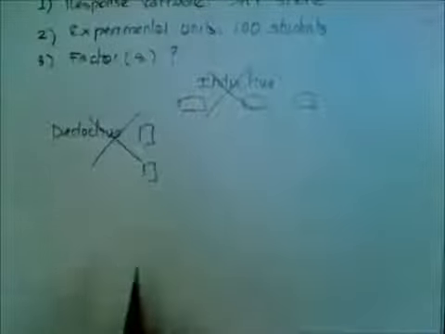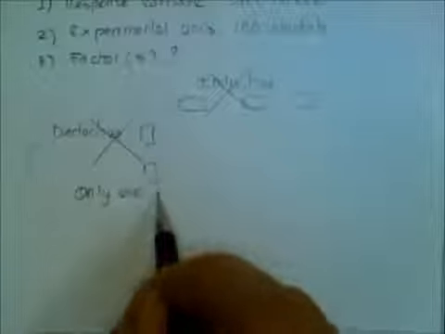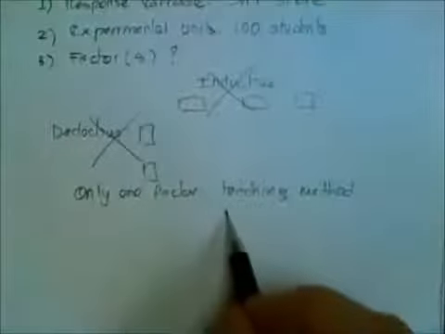In this case, we have only one factor, and the only one factor that we have is the teaching method. And the teaching method has two levels. One of them is inductive and the other one is the deductive method.